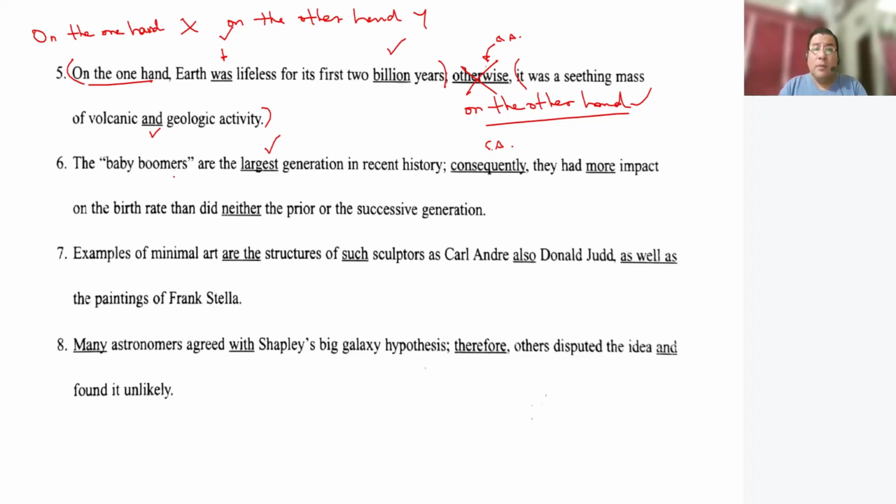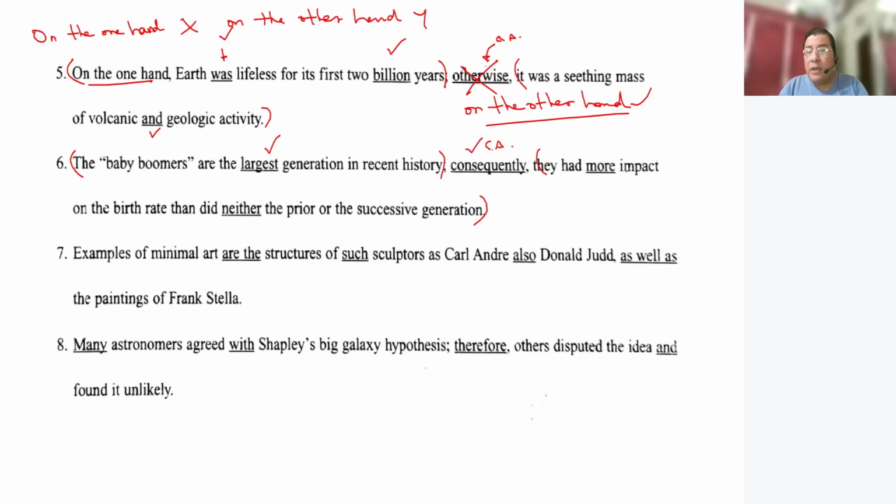Causality. So the baby boomers are the largest generation in recent history is one independent clause. Then you have they had more impact on the birth rate, etc. So we're saying that the first idea shows the reason for the situation described in the second idea. So clearly, consequently is correctly placed.